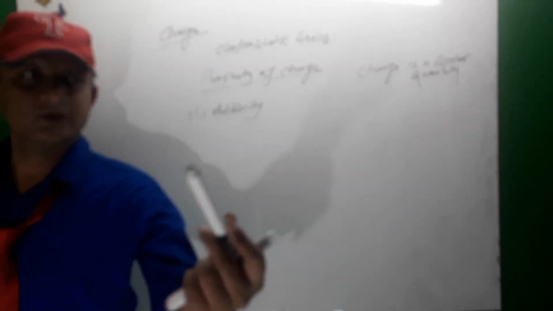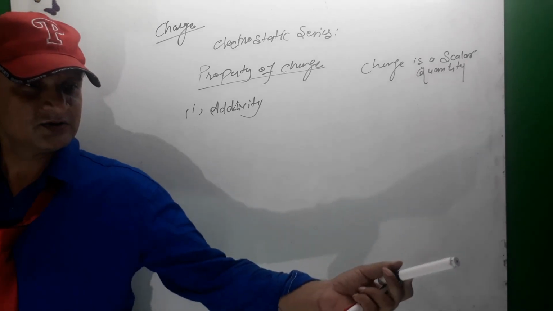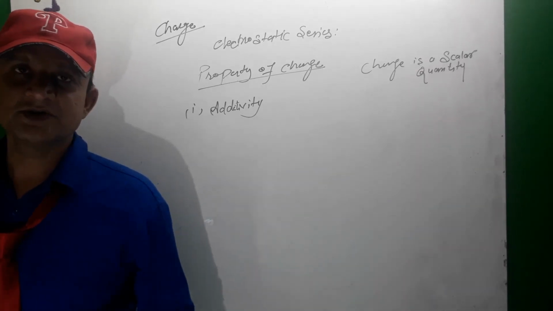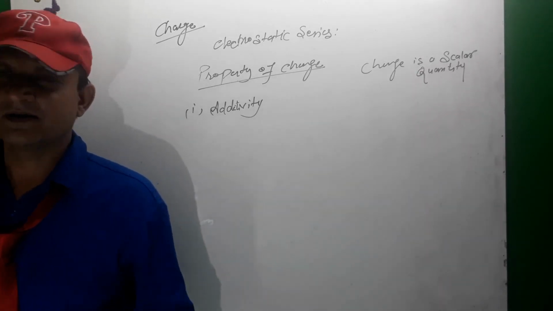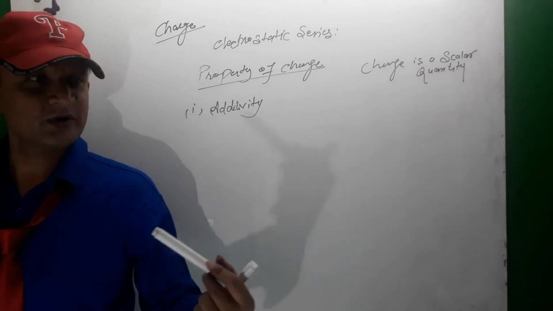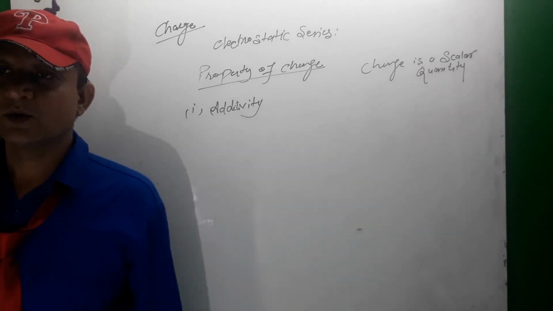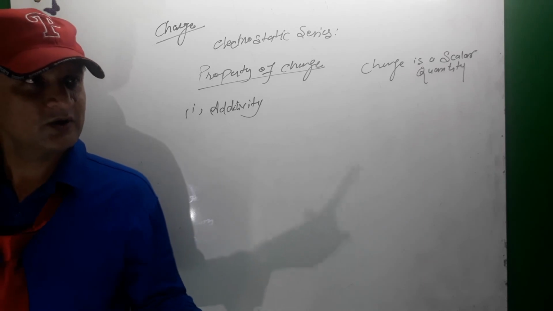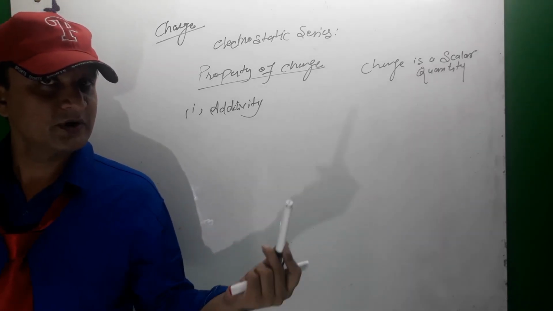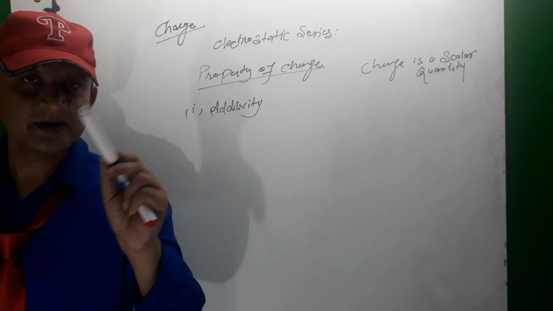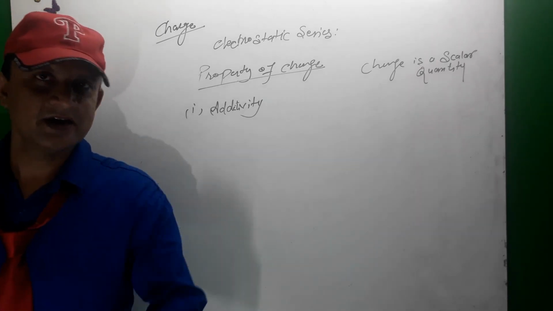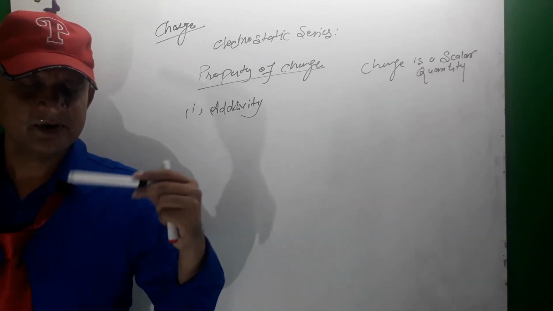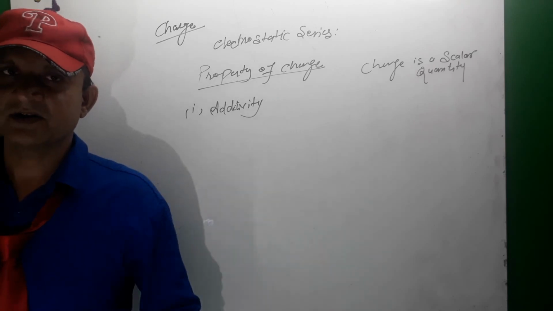For example, if you go to a shopkeeper and say, give me 5 kilogram chini, sugar, 2 kilogram wheat, rice. You say 2 kilogram sugar. That 2 kilogram is magnitude and that is scalar. You never say give me 2 kilogram sugar in the direction of north.